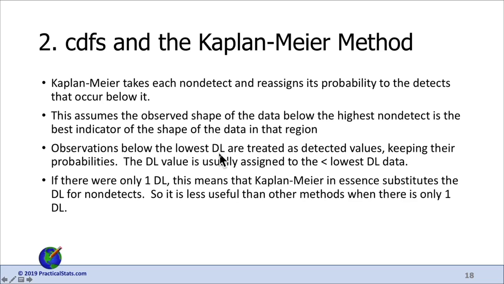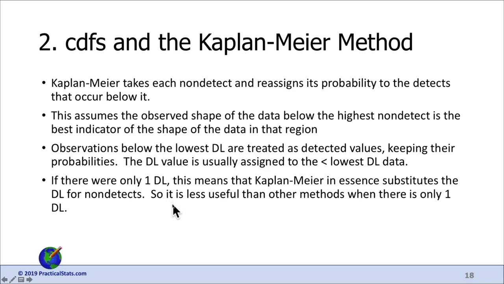So maybe that's down at less than 1. Then those at the lowest detection limit for Kaplan-Meier are treated as detected values. So they're going to have a value. Usually it's assigned the detection limit itself. So if there is one value that's less than 1, it's going to have a weight just like it was a detected 1.